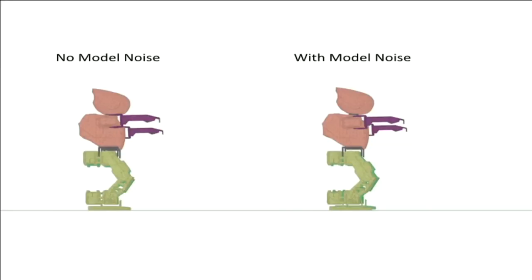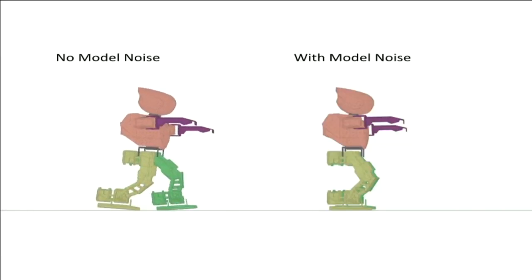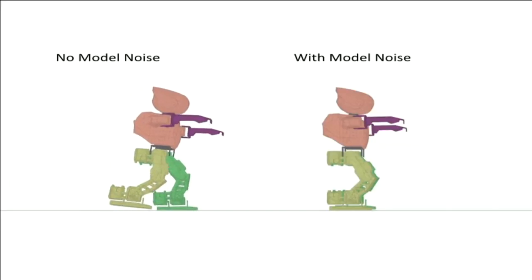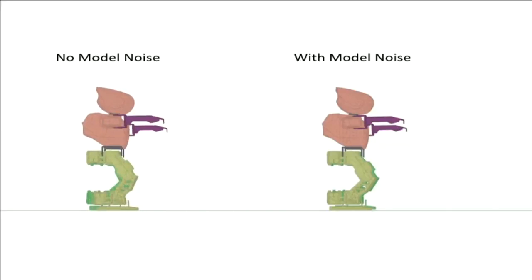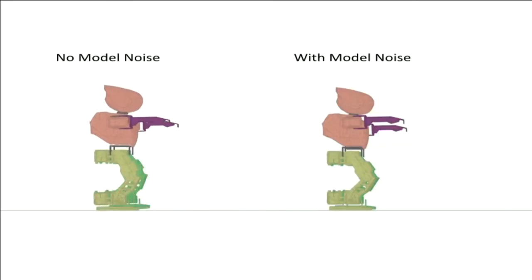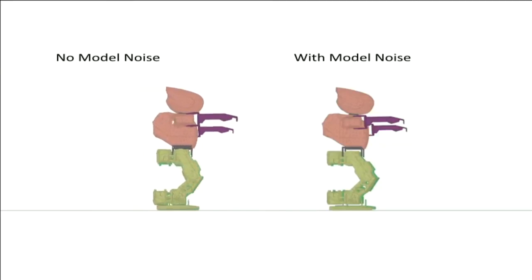So to give you some intuition for what happens, if you don't have any noise in the models, what we ended up seeing is that the robot, to get from here to there, ends up taking a very large step and has this somewhat risky movement, like rocking heel to toe.